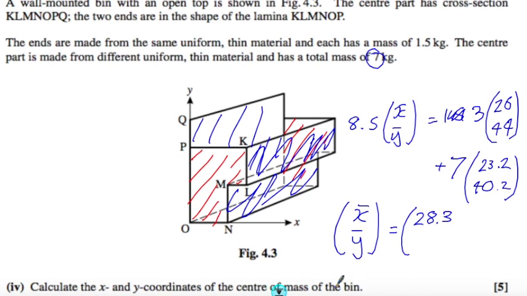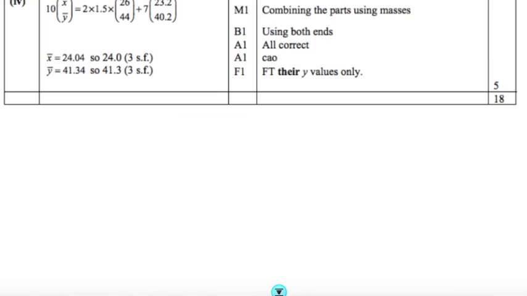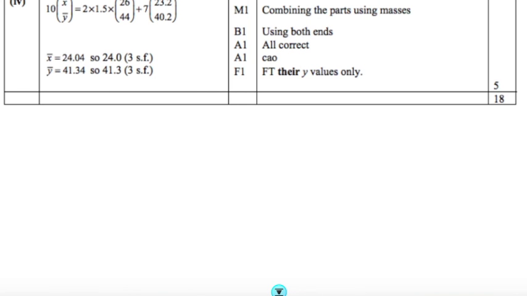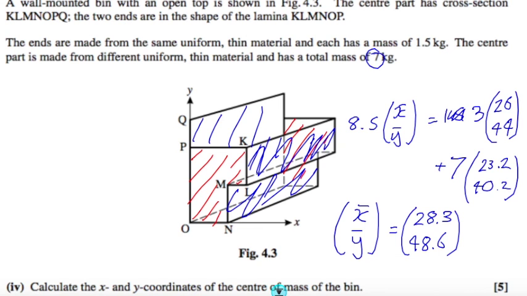And then for y bar, I'm going to do 3 times 44 plus 7 times 40.2, divided by 8.5, and that gives me 48.6 to 3 significant figures. Okay. What have I done wrong here? I got the original mass wrong. All I did was 7 plus 1.5, but because there's 2 end pieces, that should have been 10.